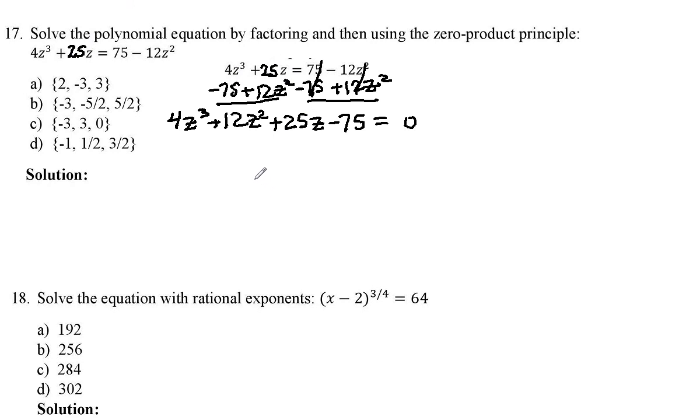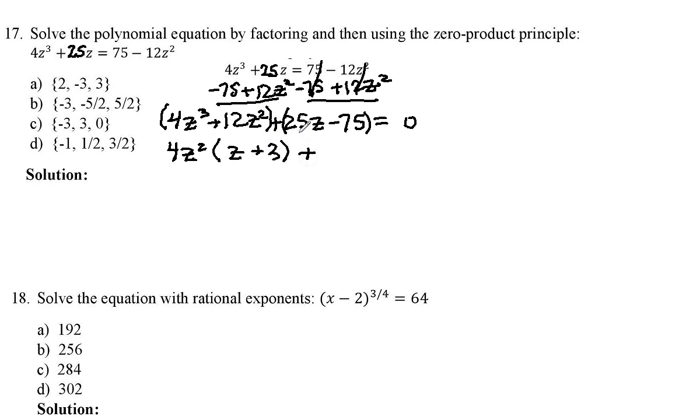There we go. And in these first two terms, we can go ahead and group. We got 4 terms, so we're going to do factoring by grouping. In those first 2 terms, 4 is common and z squared is common, so we can factor out a 4z squared. Z will be left in that first term, and factoring 4z squared out of 12z squared, you'll have a plus 3 left.